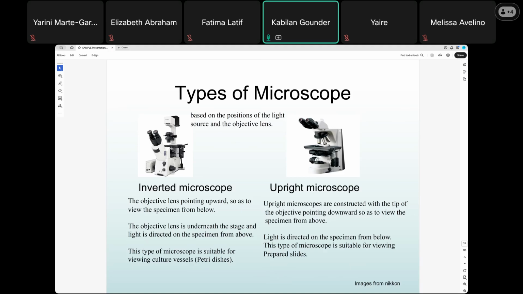The resolution and the quality of the image are the same, but this is only for our convenience. What type of samples we use, whether the petri dish that is grown in the media, or here, prepared slides. That's the basic.